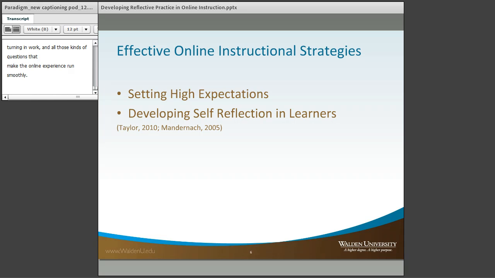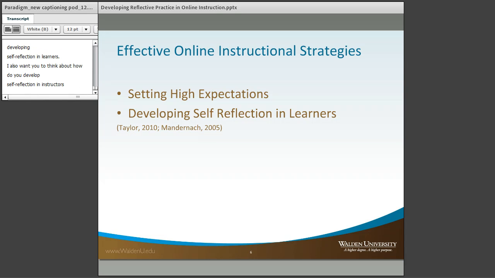Finally, setting high expectations for students. And the one I'm really concentrating on here is developing self-reflection in learners. Now, as instructors, we work on developing self-reflection in learners. I also want you to think about, how do you develop self-reflection in instructors?